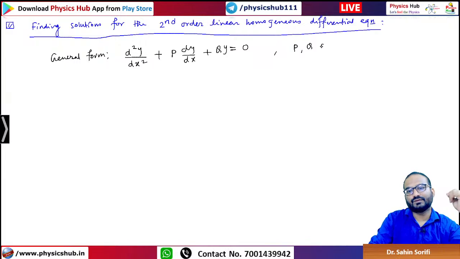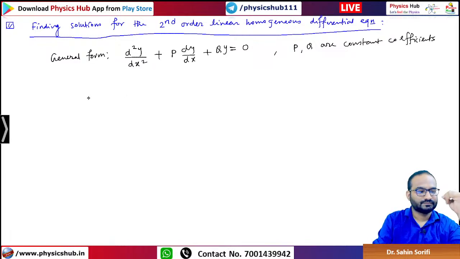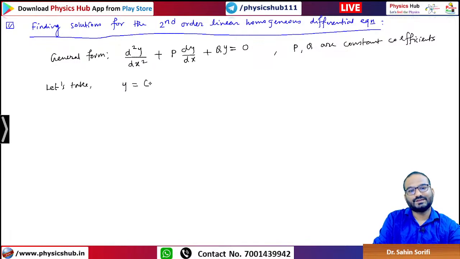P, Q constant coefficients, let's say. So let's take y is equal to c e to the power mx as a trial solution.